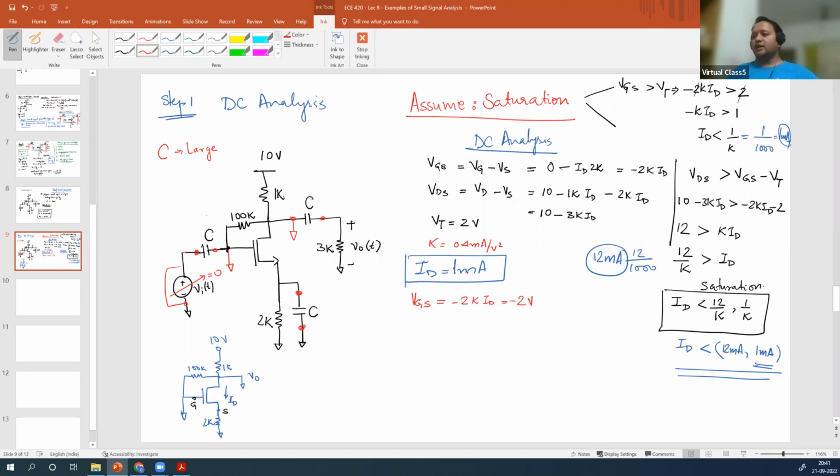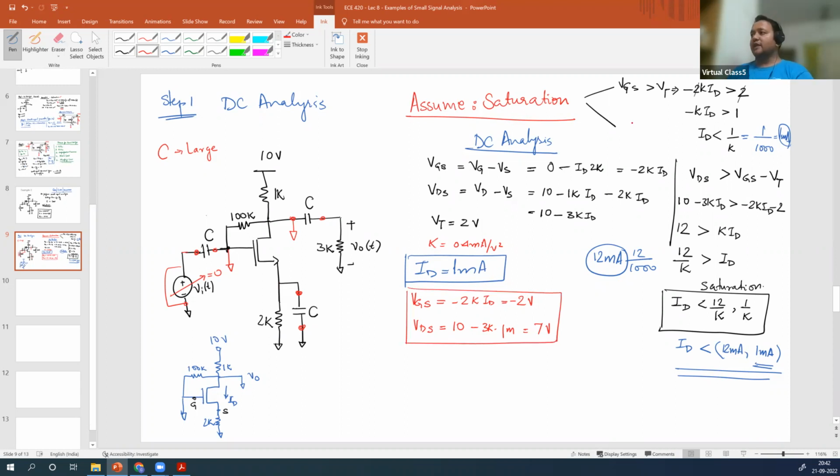K cancels out with milli and becomes minus 2 volt. What is VDS? VDS becomes 10 minus 3K times 1 milliampere. 10 minus 3 volt is equal to 7 volt. So you found out VDS, VGS, and ID.